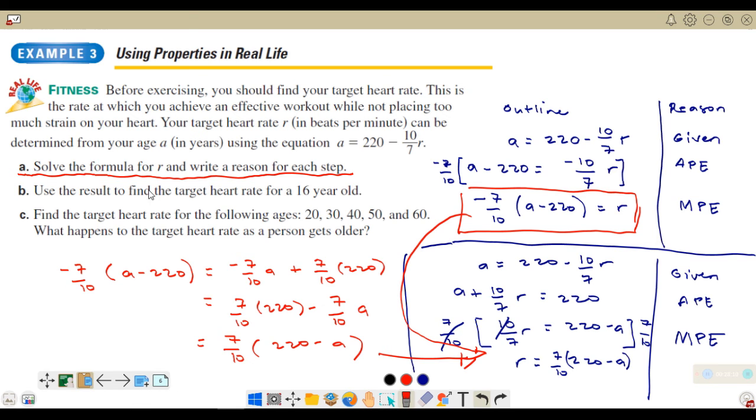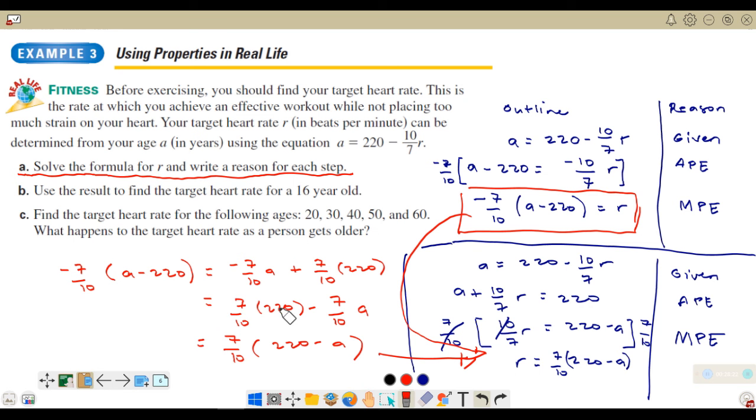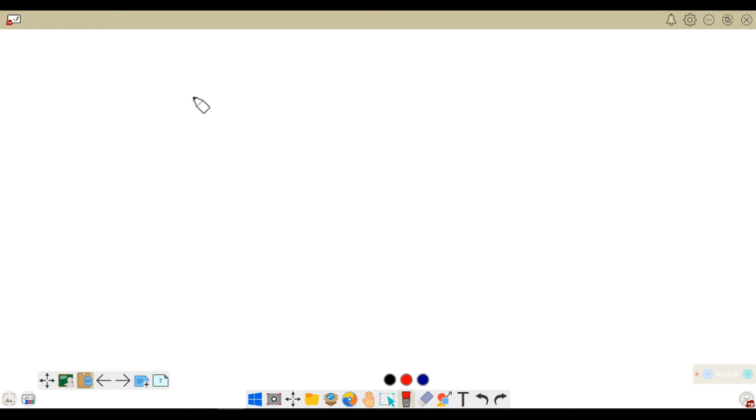Use the result to find the target heart rate for a 16-year-old. So, since wala na tayong space, kopyahin na lang natin dito yung formula natin, 7 over 10 times 220 minus A. R is equal to 7 over 10 times 220 minus A. Tama, di ba?